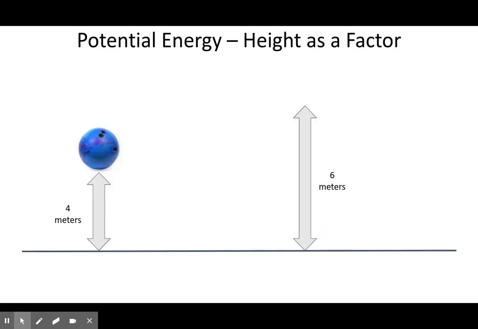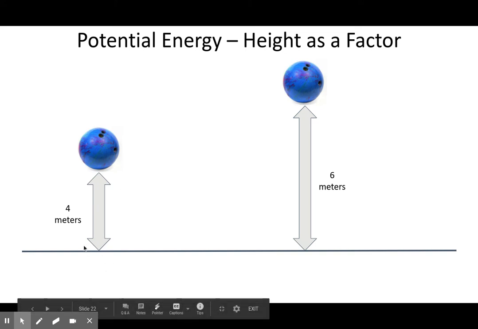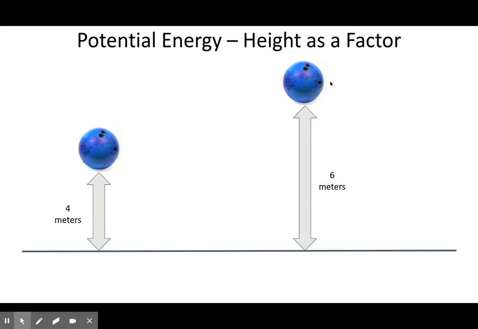All right. So if I have two bowling balls, there should be a bowling ball right there. There we go. If I have the same bowling ball at two different heights, well, its weight is the same, but a bowling ball dropped from 4 meters is going to cause some change to the ground, and the same bowling ball dropped from 6 meters is going to cause more change to the ground.